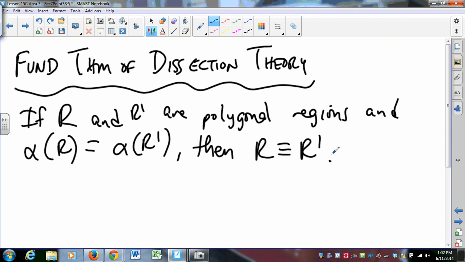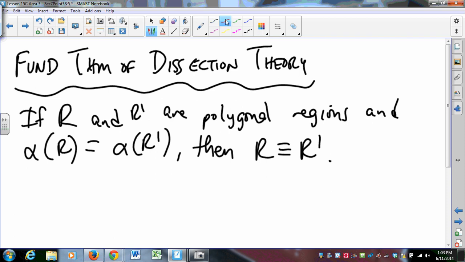It is possible to triangulate R and to triangulate R prime in such a way that the triangles on the one correspond to the triangles on the other, congruent each to the other. This is a fascinating result, particularly because it's not true in 3 dimensions, but that's a whole other story.